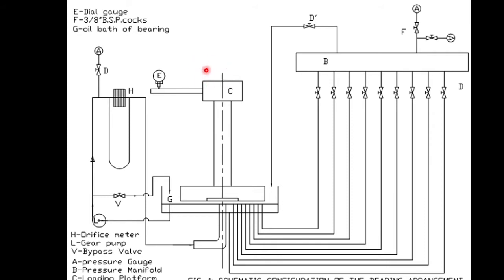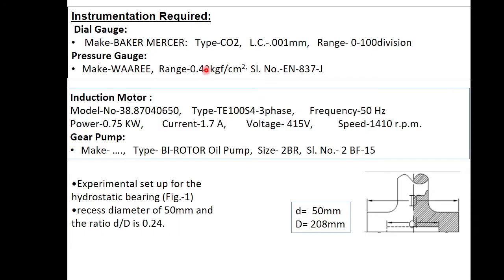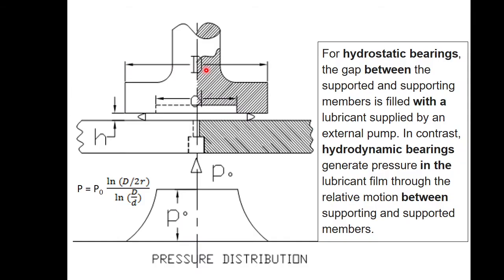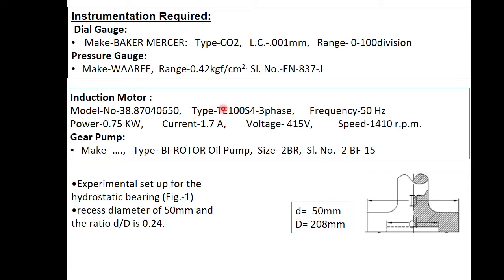And another part of our objective was to get the pressure distribution. This pressure distribution will change in this region only. In the pocket, it is almost the same. The dimensions are also given here.